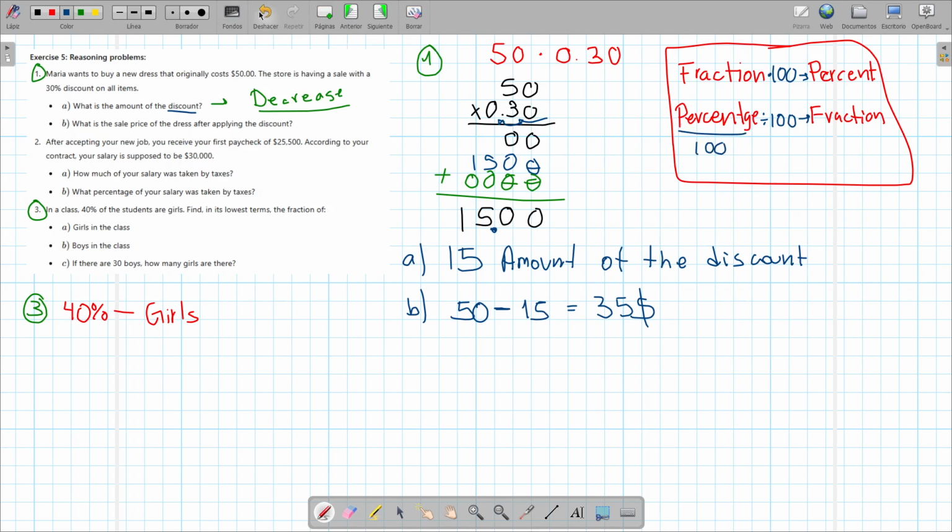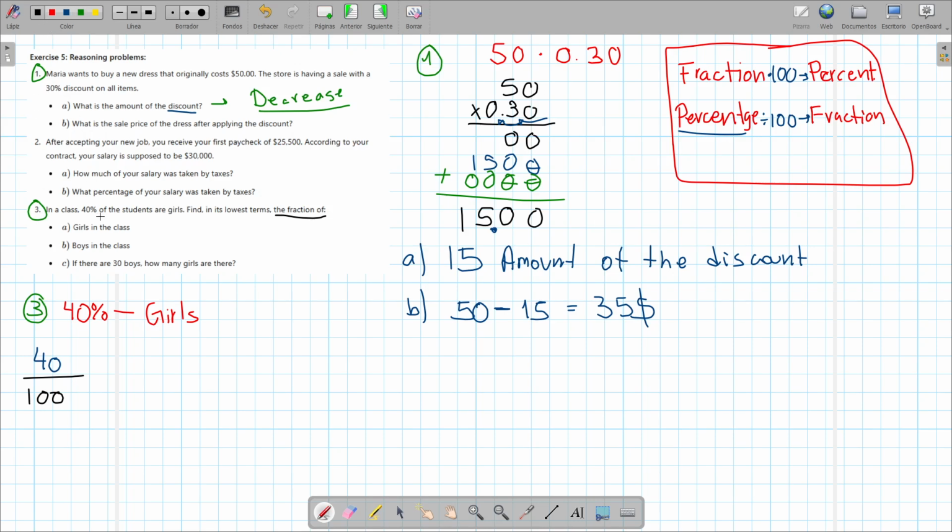It's the opposite. Also remember, a division can be shown as a fraction, okay? We are going to do it as a fraction. In this case, what we want is to represent it as a fraction. So we have 40%. Now we need to represent it as a fraction, so that means that we need to divide by 100. 40 divided by 100, we have to do simplification.